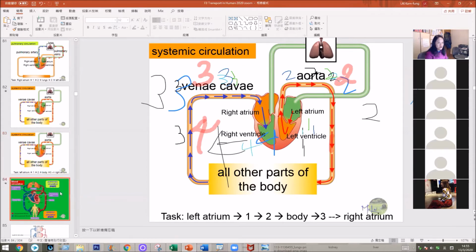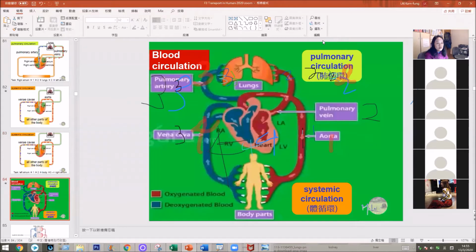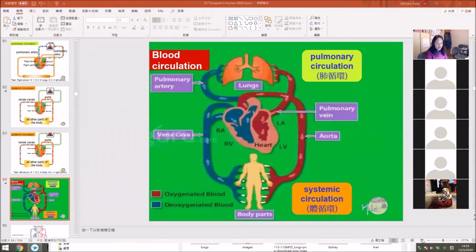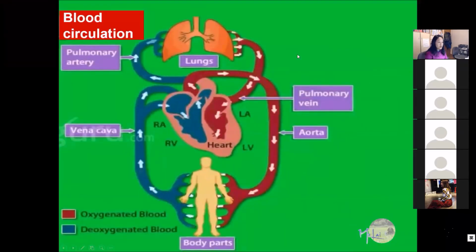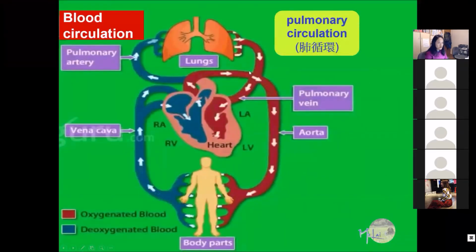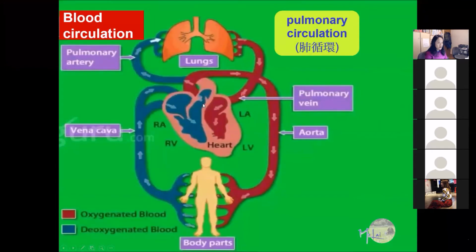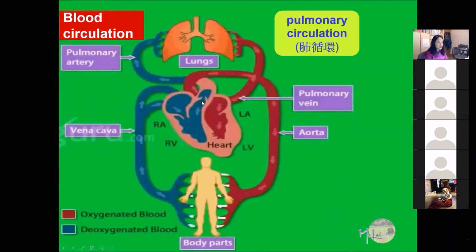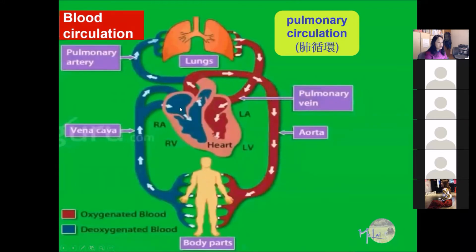So in this case, the blood circulation has two parts. The pulmonary circulation passes the blood to the lungs and then back to the heart.